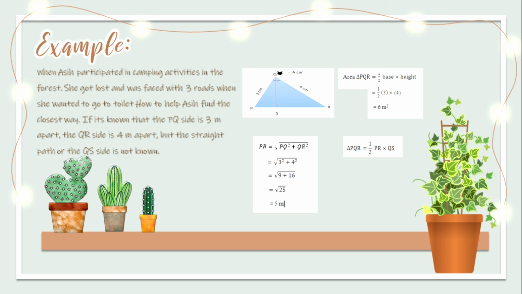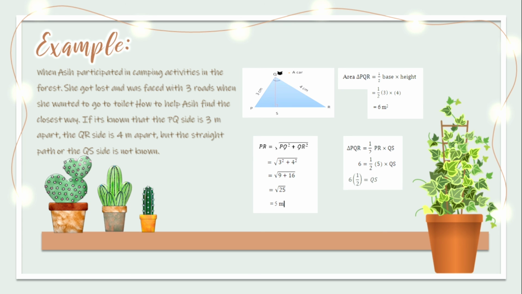Lastly, we determine the line QS with the area of triangle PQR formula, equal to a half times PR times QS. We enter the values that have been obtained: 6 equals a half times 5 times QS.